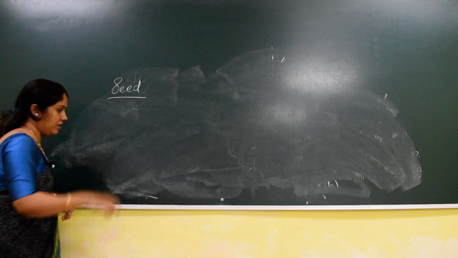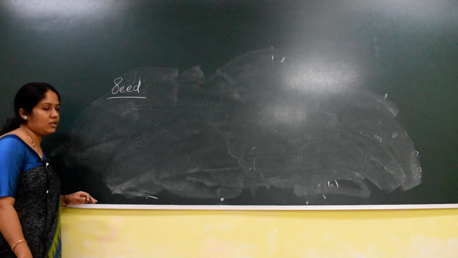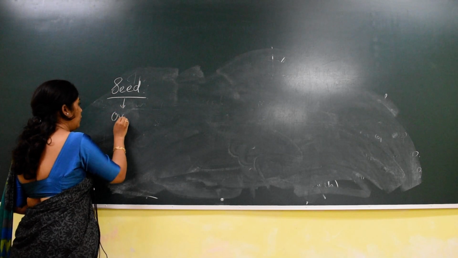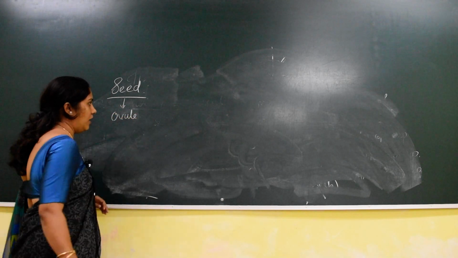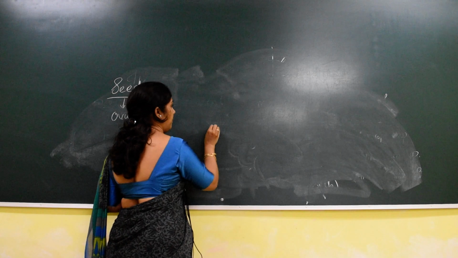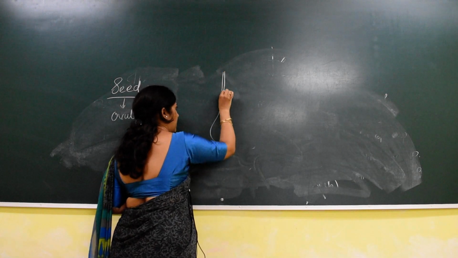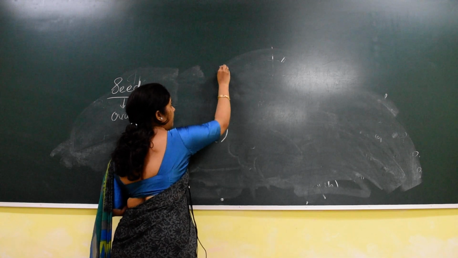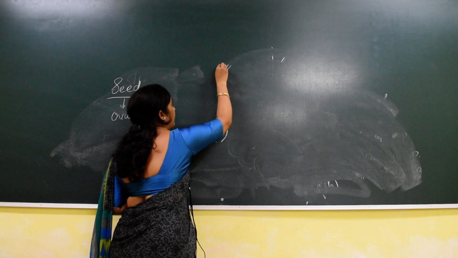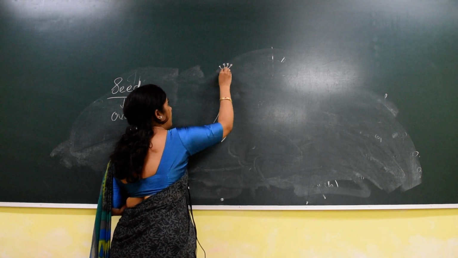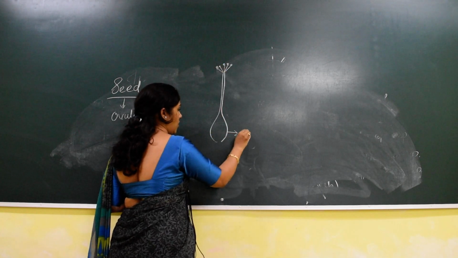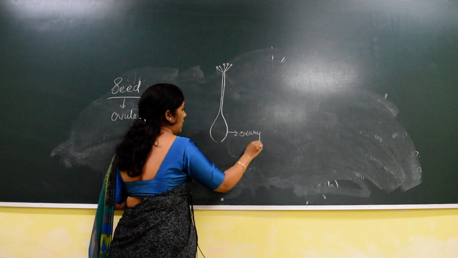As we have already discussed earlier, the seed is developed from the ovule. I have written one part, and I am going to write it again. So this is a gynoecium part. In this gynoecium, the bulged structure is called the ovary.